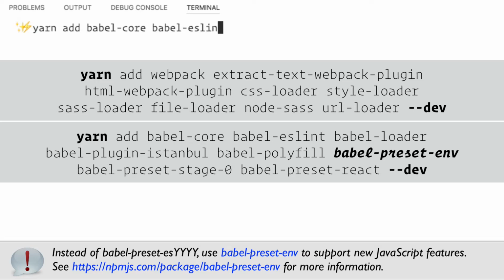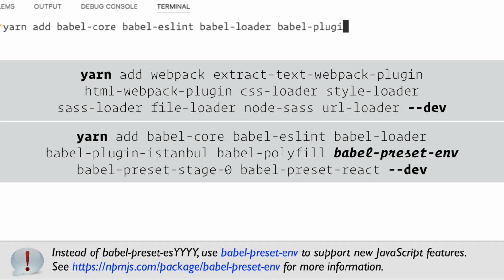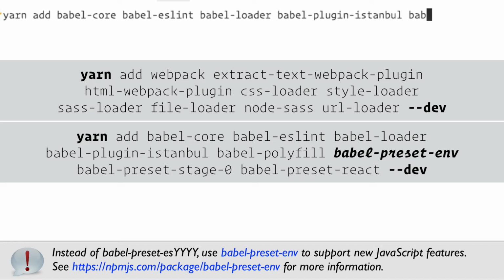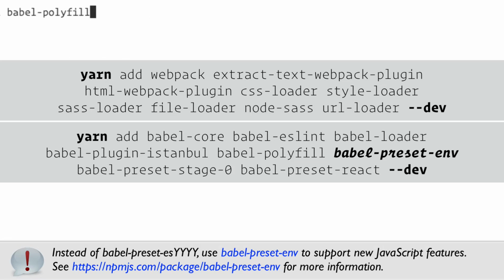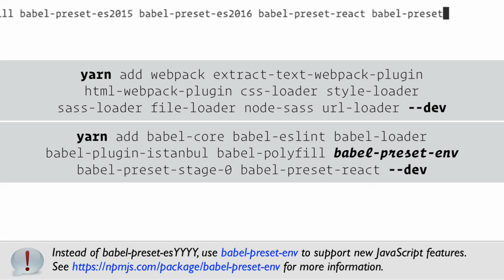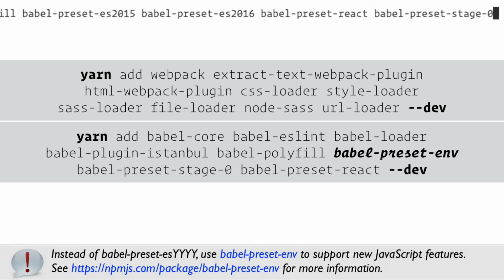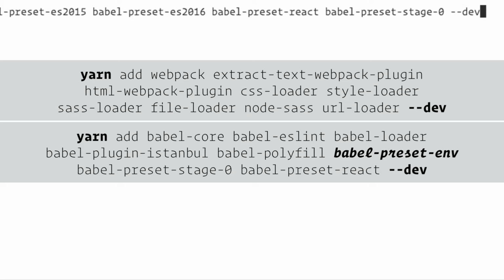We'll probably need to add Babel eslint to coordinate with eslint configuration that we have. We need Babel Loader, Babel plugin Istanbul for coverage reports, and Babel polyfill if we want our code to run in older browsers. We'll need to add ECMAScript and React Babel presets as dev dependencies. So that's a mouthful, but we need them, so we have to add them.